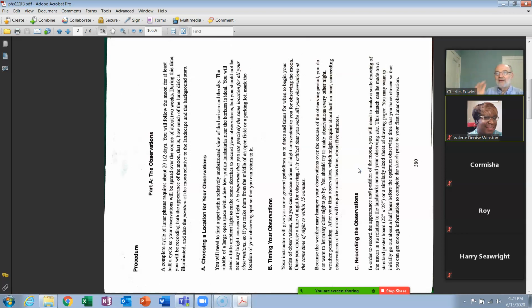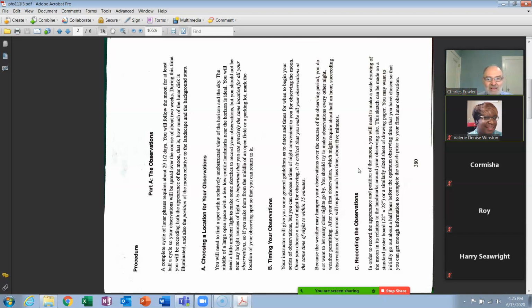Here is the time-consuming part of your lab. A complete cycle of the lunar phases, as we studied in the text, is just under 30 days, 29 and a half days. So what you're going to do, you pick a time that you think you can go out every night, either early morning or late evening.